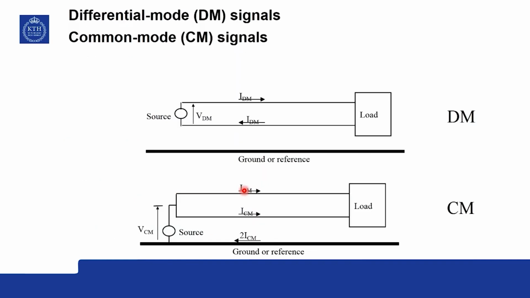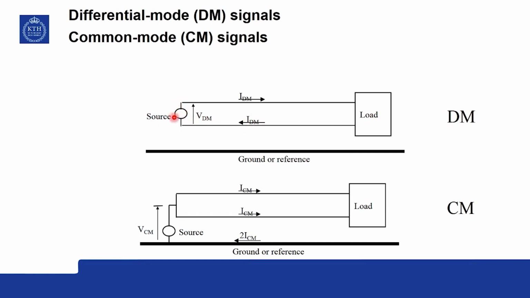Now, another concept we will see very often and which has got a great significance in EMC is differential mode signals and also the common mode signals. Differential mode means the difference. Say in the first picture over here, you have a source and you have a load.